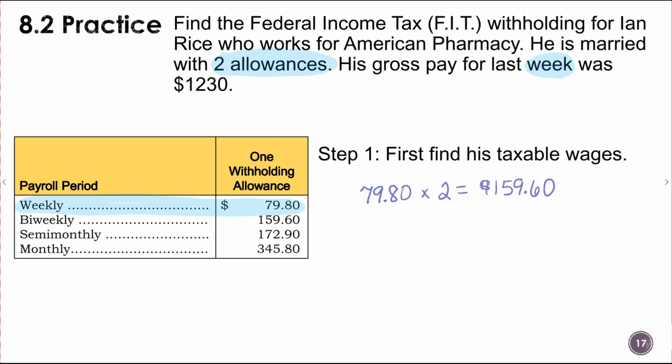So that's how it ends up being the same amount. So we're going to take his gross pay and subtract his allowance amount to get his taxable wages of $1,070.40. And of course, we're going to use that on the next slide.